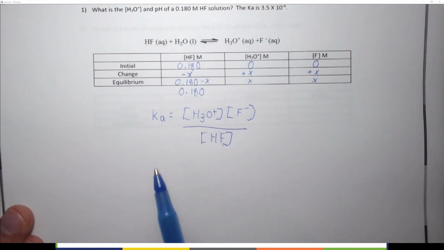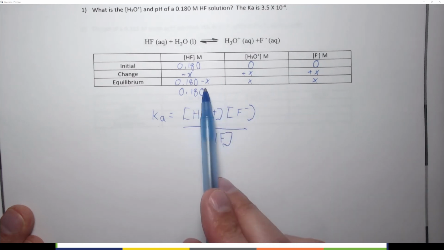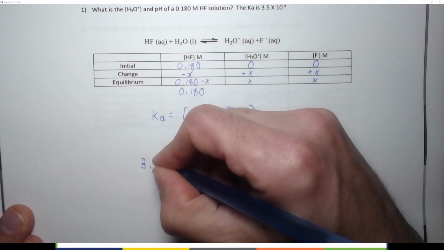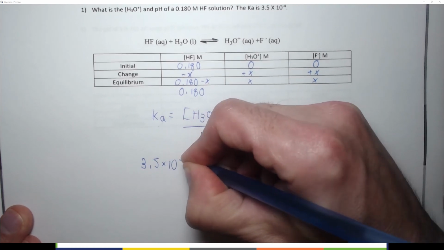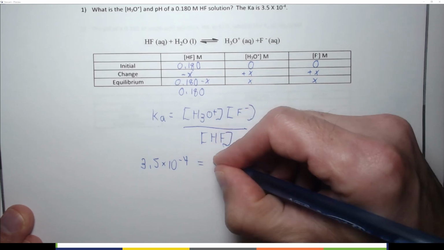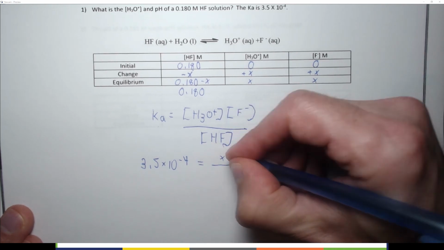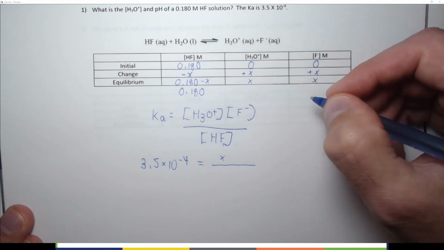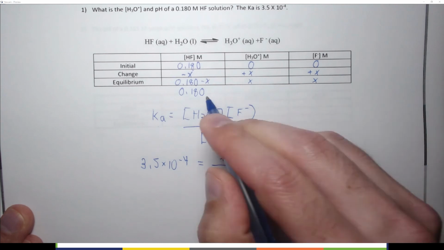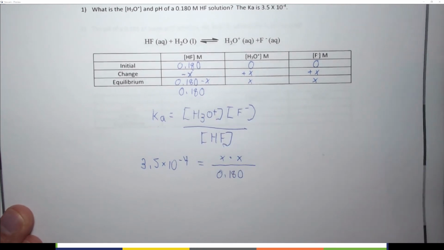I have a Ka value, and I have variables and one value here. So I'm going to plug in what I know. I'm going to put in 3.5 times 10 to the minus 4, which is the Ka given to me in the problem, equals the concentration of H3O+ at equilibrium is x, times the concentration of F- is also x, over the concentration of HF, which is 0.180.